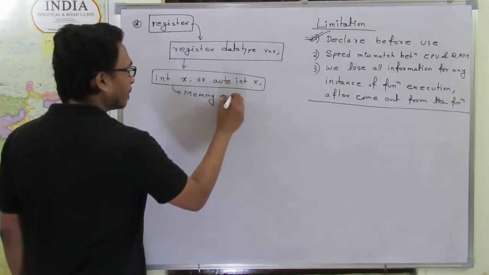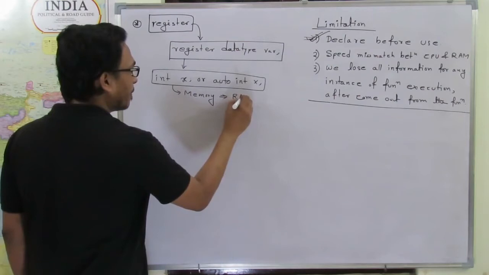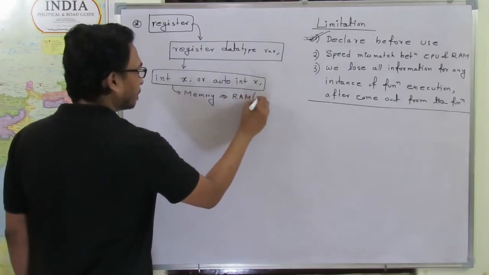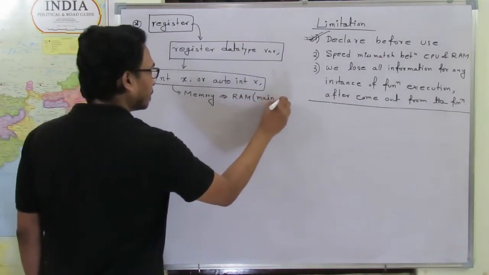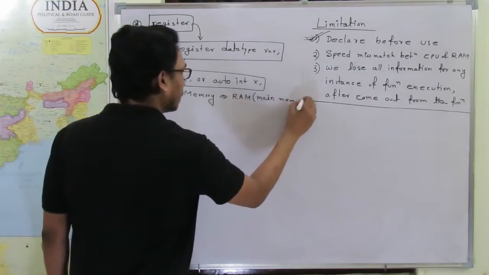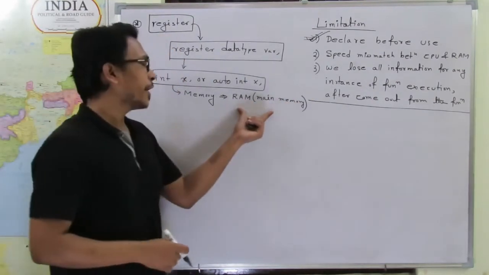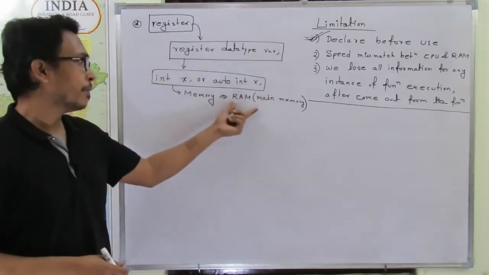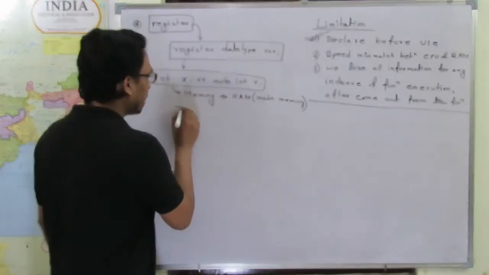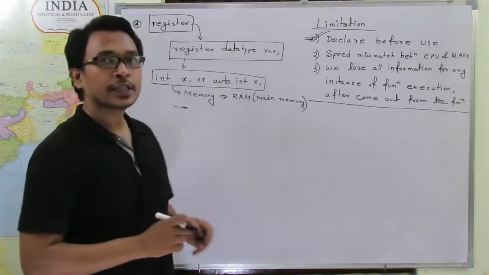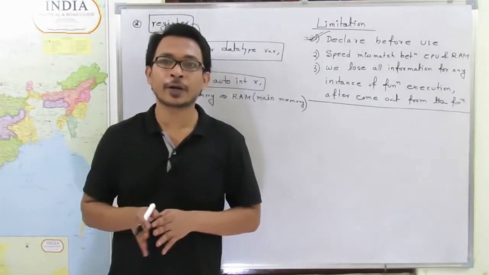From RAM or main memory. And because memory is allocated from main memory, it becomes a bottleneck for the execution speed of our program.